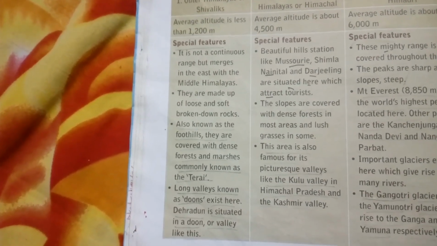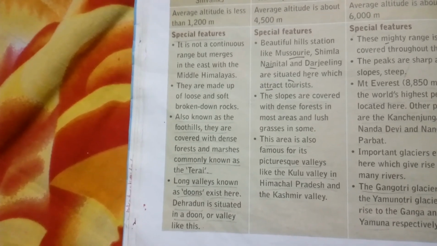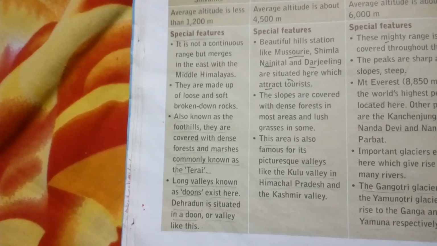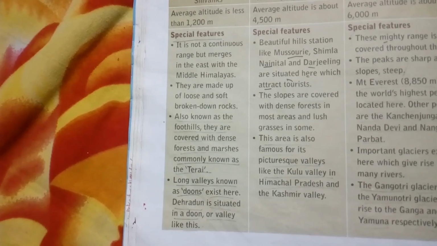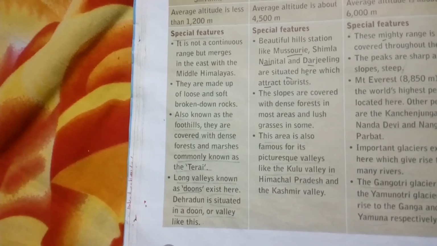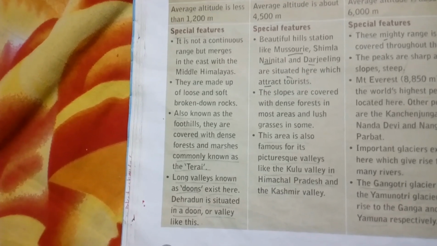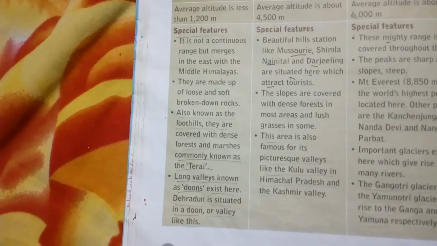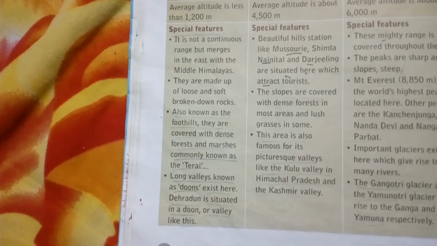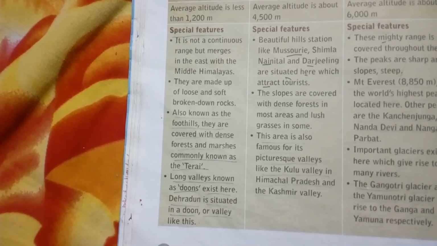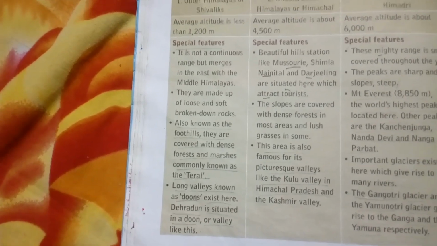You have read in the last class, class 3, what a valley is. A valley is the land between two mountains, and here the long valleys are known as dunes. Example, Dehradun.